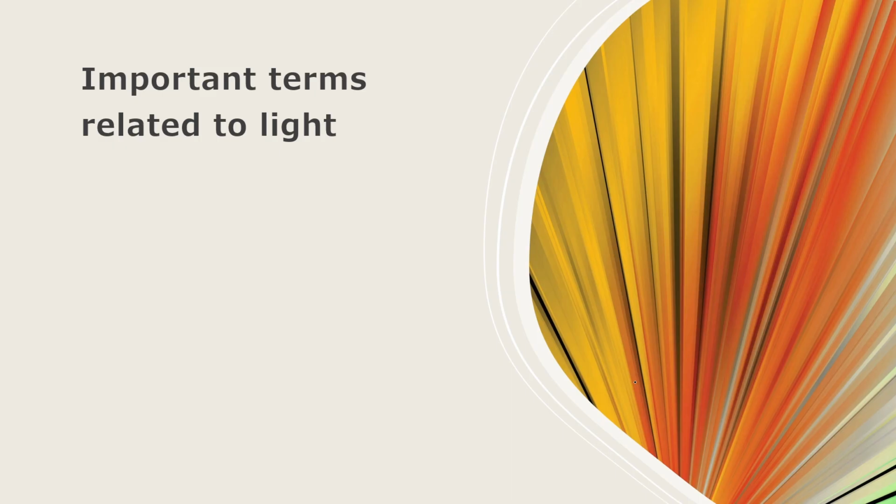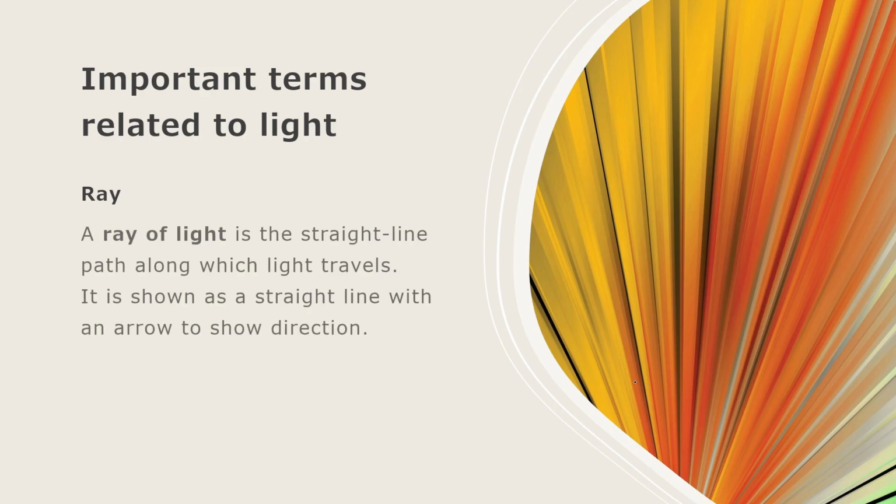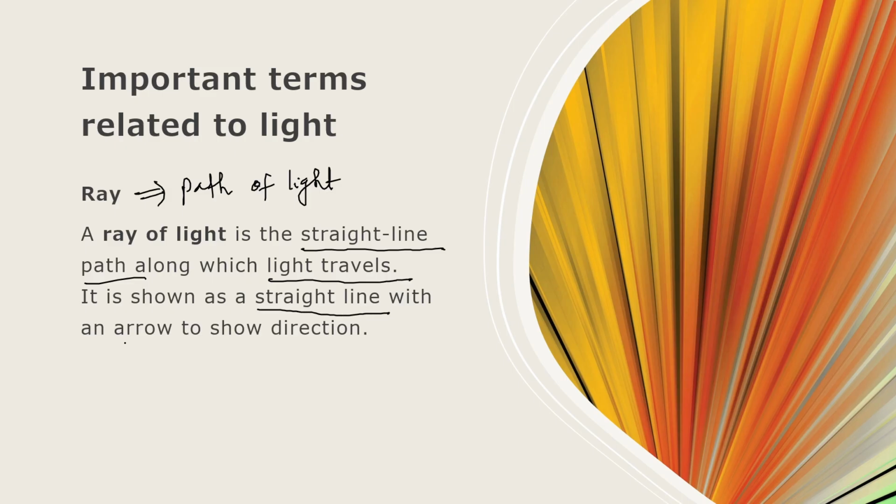The first thing is the ray. A ray is a straight line path along which light travels. The ray is used to show the path of light. Just remember, path of light. And how will we represent the path? Yes, a straight line with an arrow.